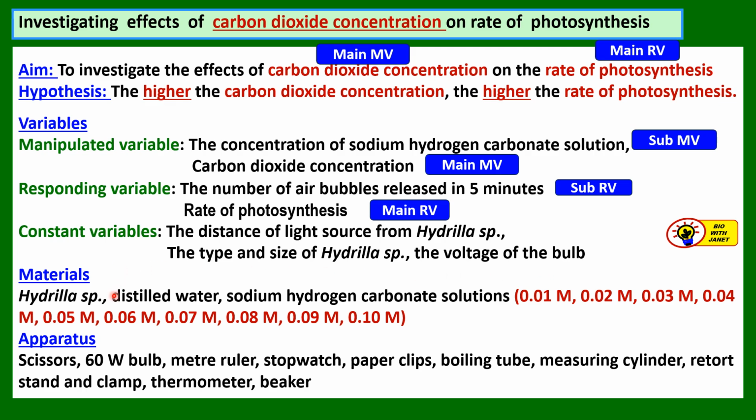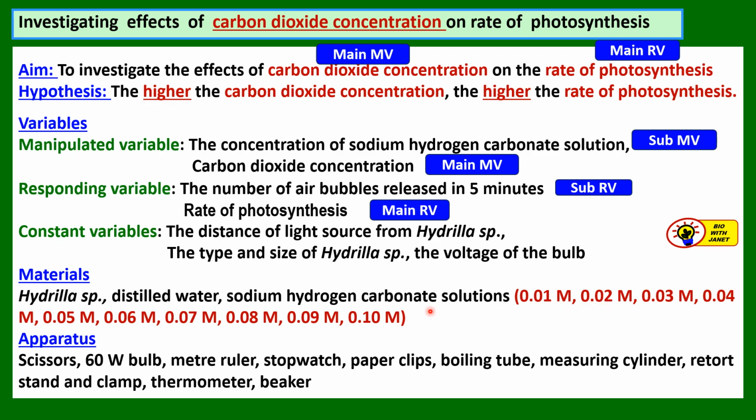Now, materials. Hydrilla species, distilled water, sodium hydrogen carbonate solutions of different concentrations, such as 0.1 m, 0.2 m, 0.3 m, and so forth until 0.10 m. Now, these are many solutions, right? So normally in exam, maybe for your lab exercise, you may pick 4 or 5 concentrations of sodium hydrogen carbonate solutions.